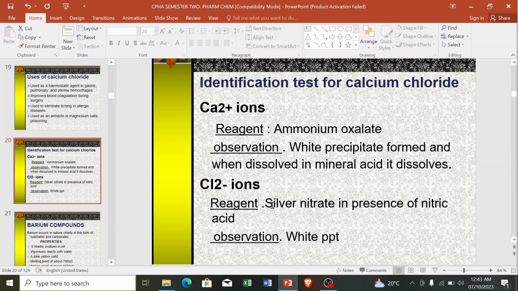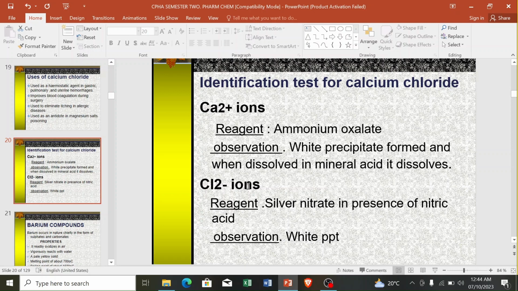After it has been hydrated, we expect to have water of hydration, or a hydrated calcium chloride is formed. After that, we looked at some of the uses of this calcium chloride, why we need to learn about it, and then we summarized with the identification test of calcium, as well as the identification test of chloride ions.